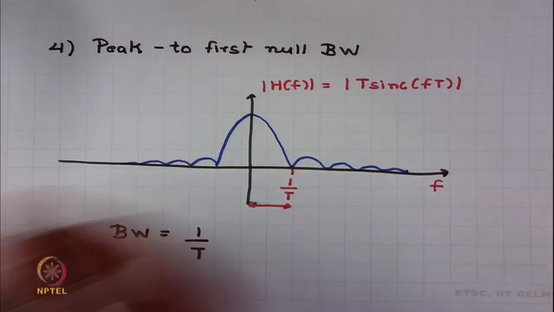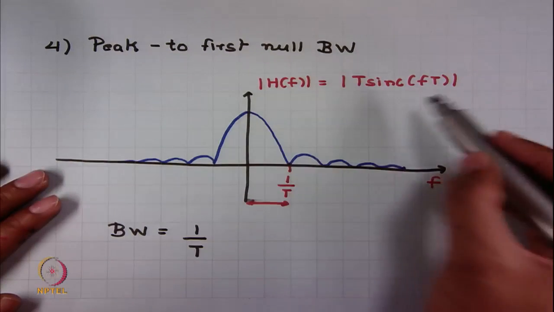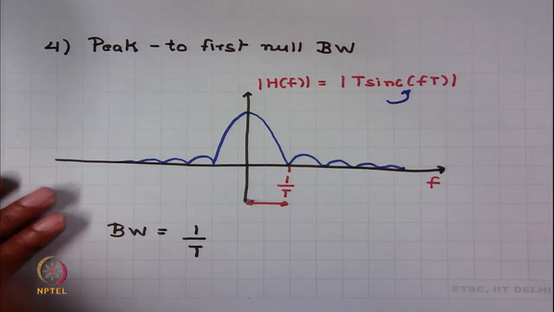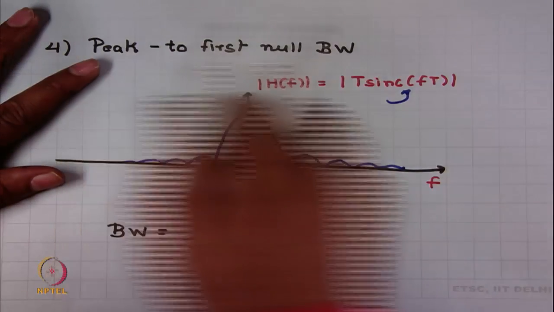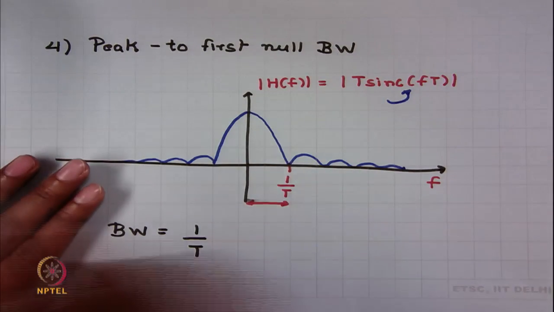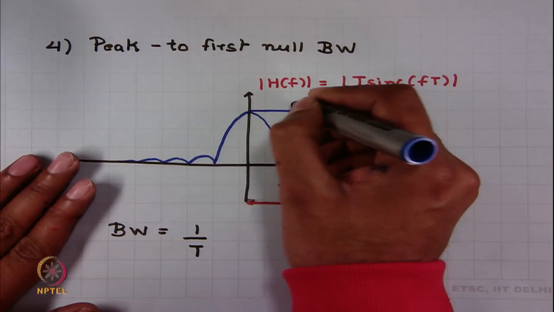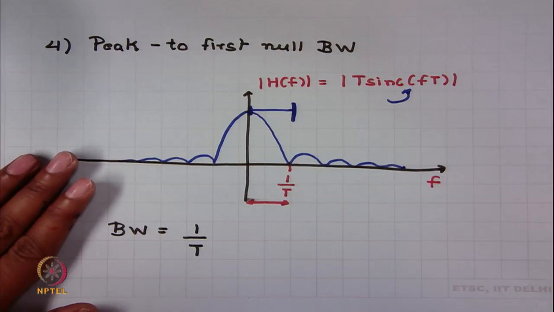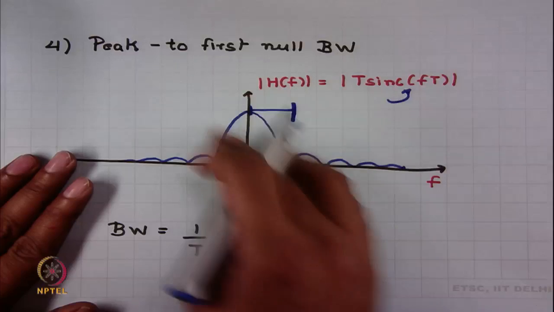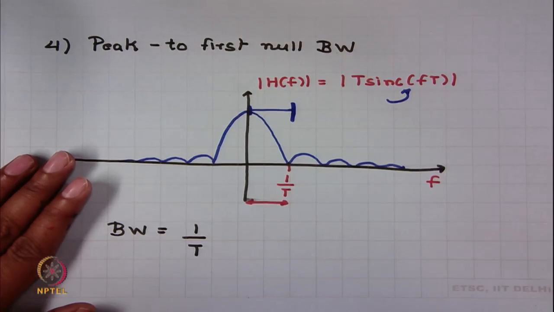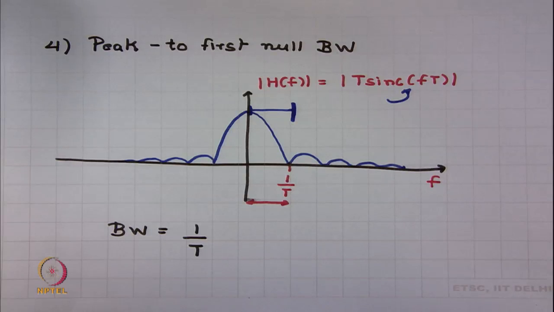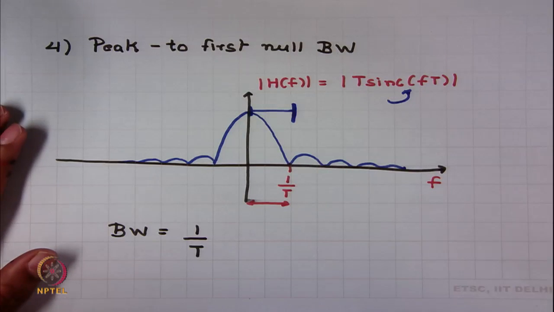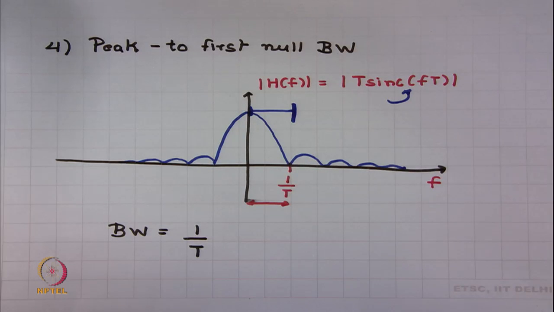So, I have plotted the mod of H of f for our good old sinc pulse, and what this definition of bandwidth implies is you have to take the difference between the first null and the peak position, and this difference is very conveniently obtained, and this is 1 by T. So, the bandwidth of the sinc pulse based on the peak to first null bandwidth becomes 1 by T.